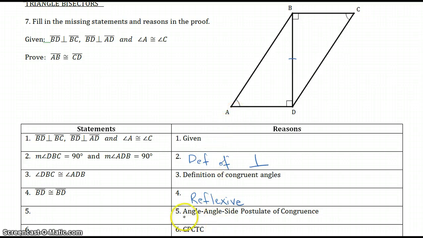And now the reason that they give for step 5 is the angle, angle, side postulate. So angle, angle, side tells us that we're using it to show that triangle ADB is congruent to triangle. So you started with A, so the corresponding point is C. So I'm going to have to go C and then to the right angle, and then so CBD.